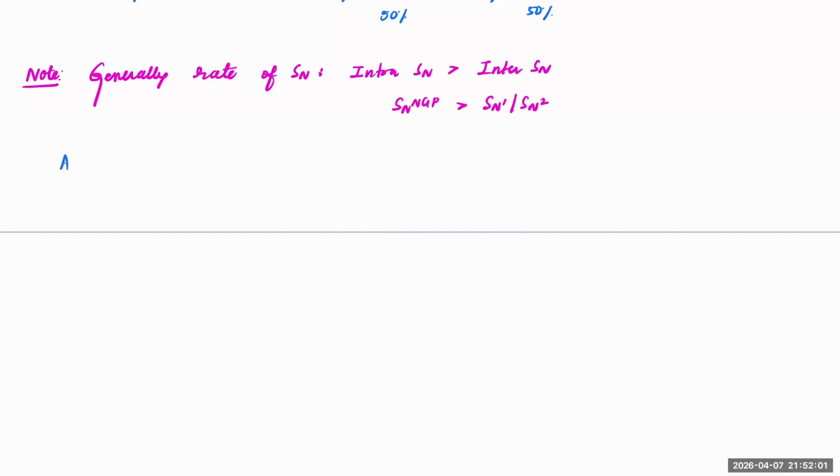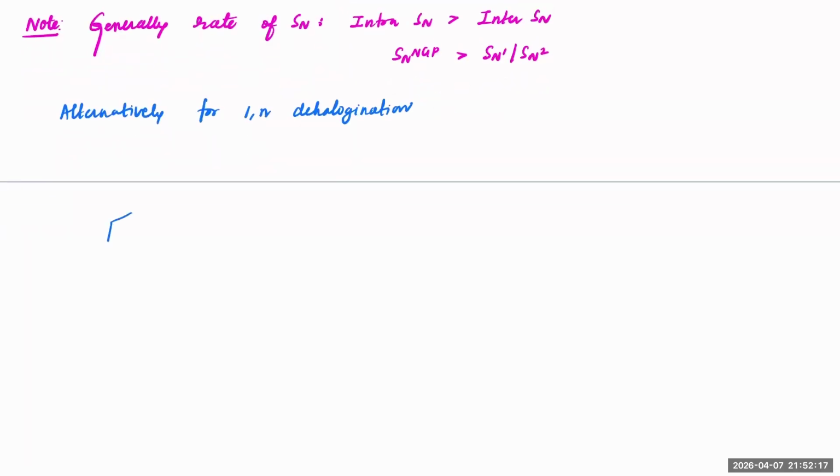Next, alternatively, for an SNi type of dehalogenation, for instance, if you have it like this, we have X here and X here, and let's say I'm using magnesium to do that. Magnesium will always come with 2 electrons.